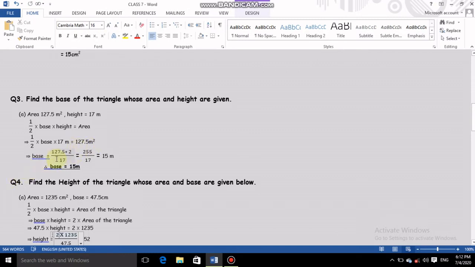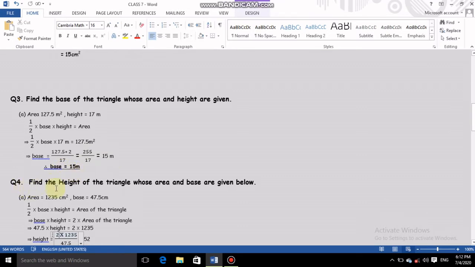So base is equal to 127.5 by 17 into 2. You multiply this, you get 255 by 17. You divide this by 17, you get 15 meter. So base is 15 meter.